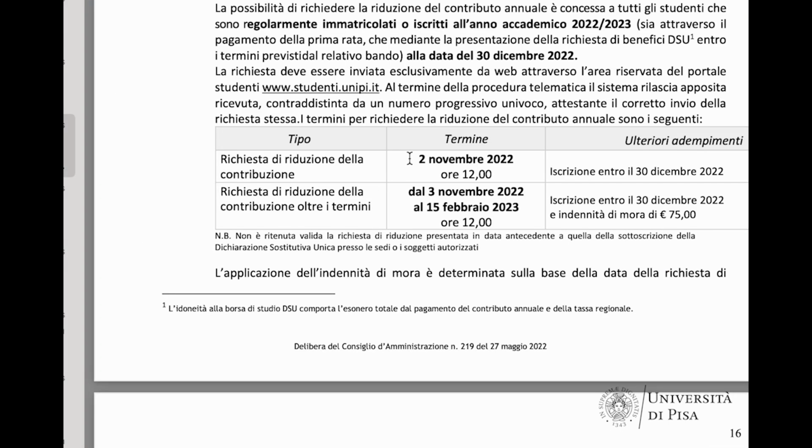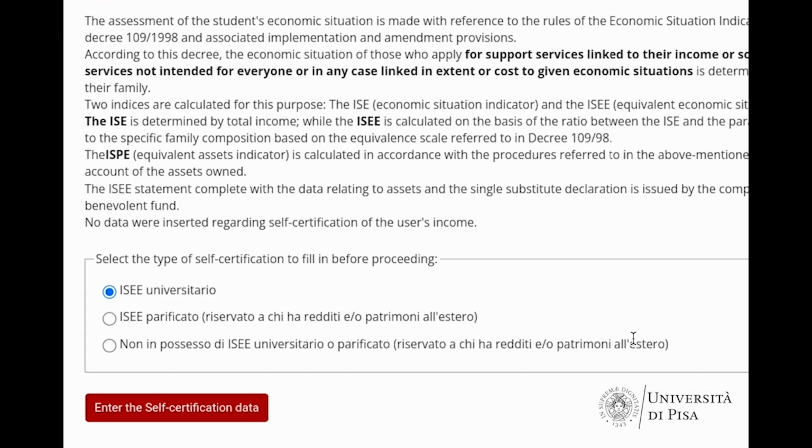Please remember that the deadline is 2 of November at 12 of the current year. I'm making this video in 2022. But if you are late and you still need to ask for fee reduction, you will have another deadline, which is 15 of February of the year later, but in this case you are going to pay 75 euro.